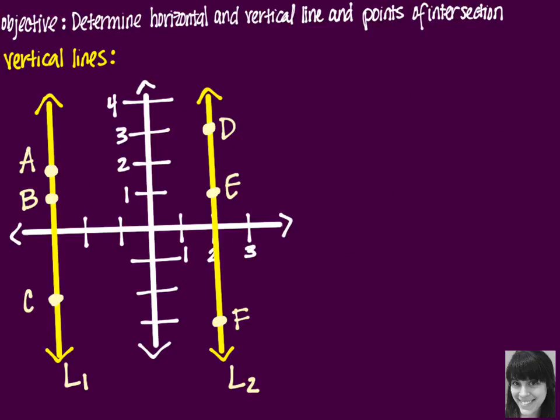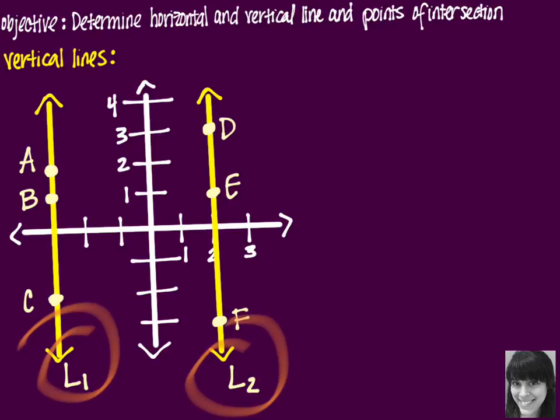Okay, so vertical lines. If I'm looking at these vertical lines, my graph is kind of tilted weirdly. I have line L1 and L2, right?